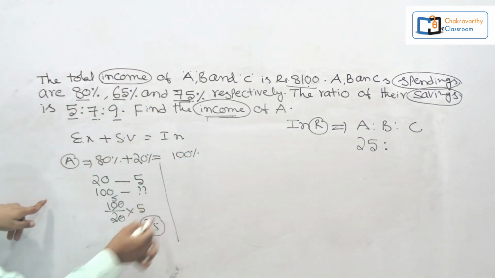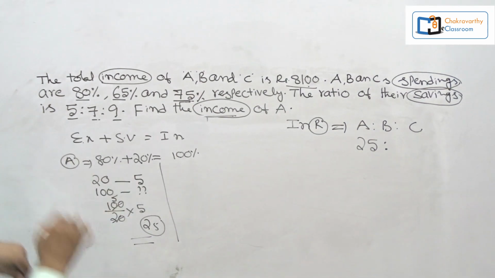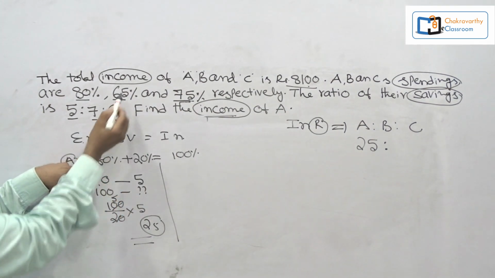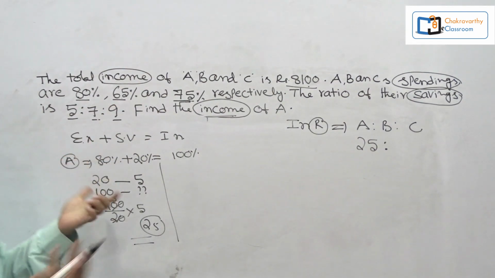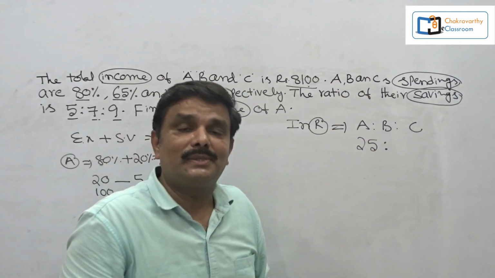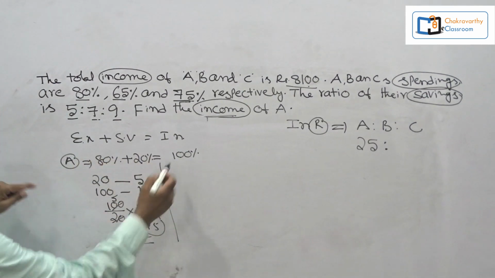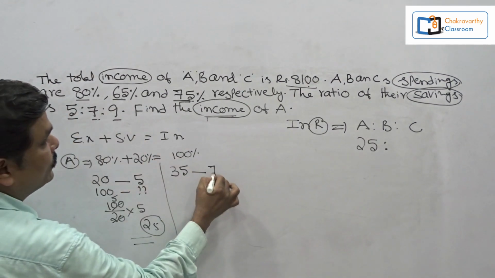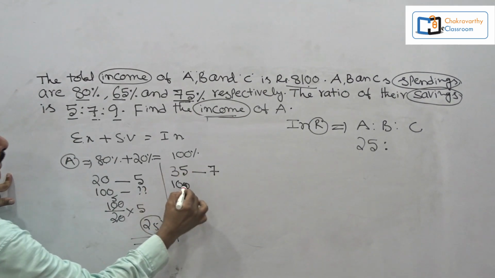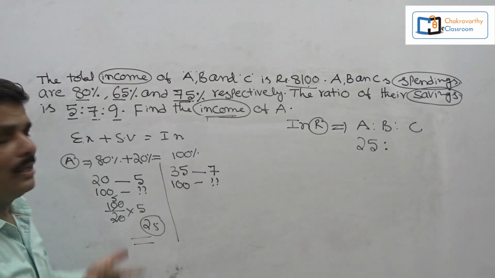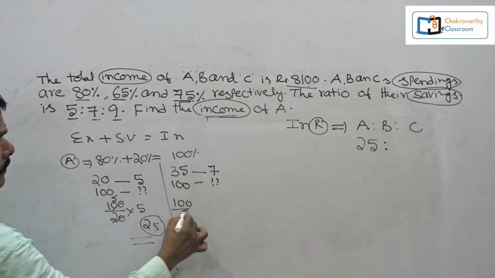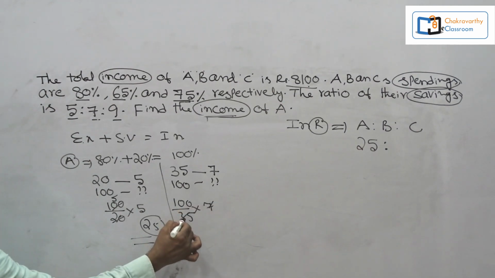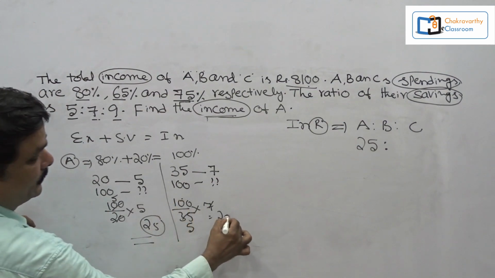Anyway, A's is done. Now go for B's. B's is 65% expenditure. When 65% is expenditure, obviously 35% is the saving. So directly I am writing 35 is equal to 7, then 100 is equal to how much? Now directly you do this: 100 by 35 into 7. So this is 7 5s, and this is 20.